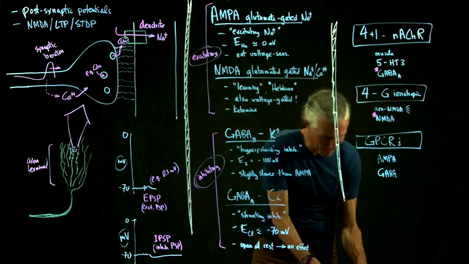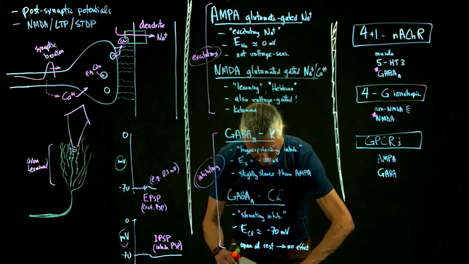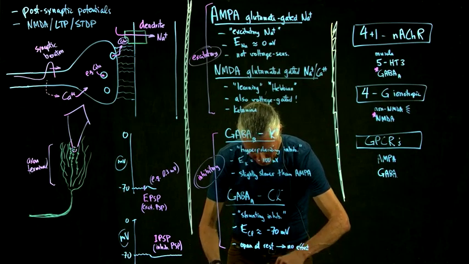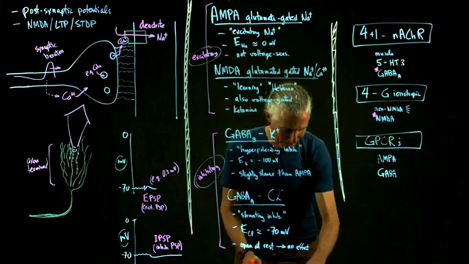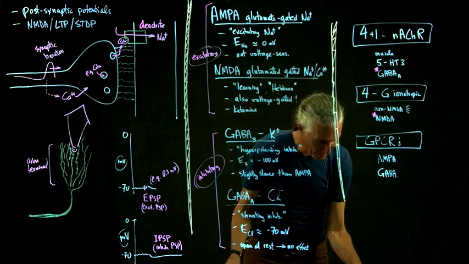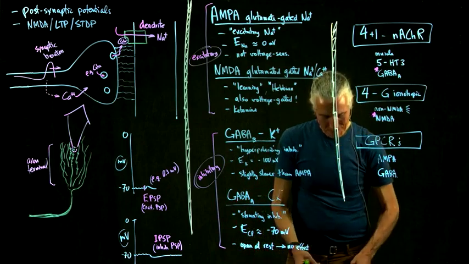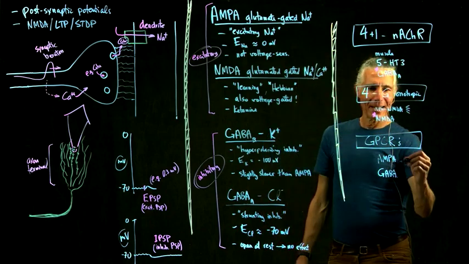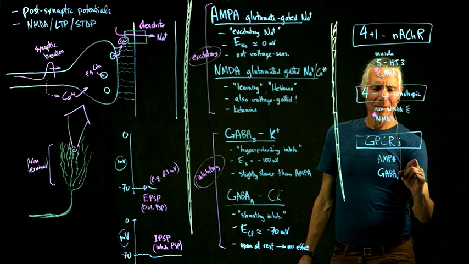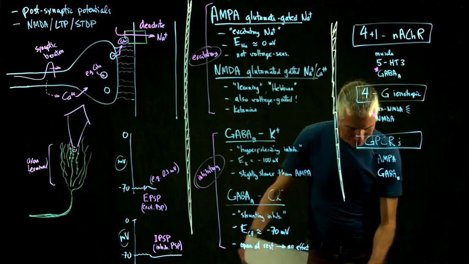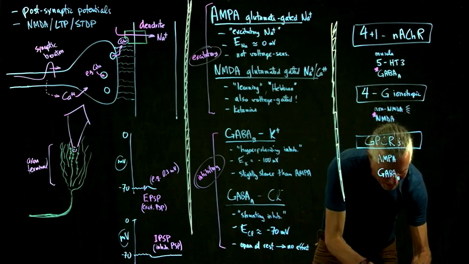Let's see. It's got to be here somewhere. Okay, well, I can't remember whether this guy was GABA-B or GABA-A. It might be backwards. I'll properly look it up and bring it next time.